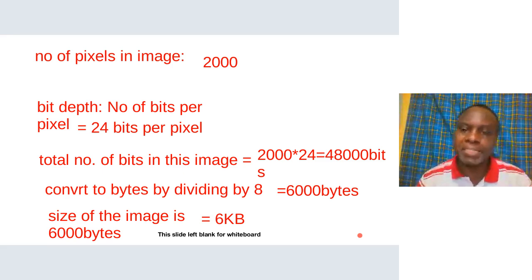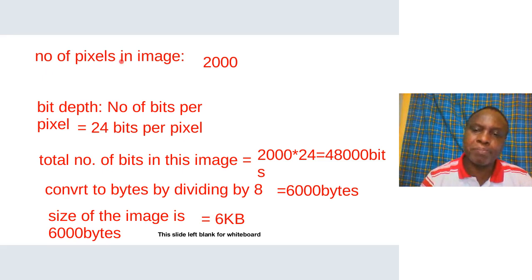Maybe we are given the bit depth, maybe we are given the size. Actually, next time we'll be looking at if you are given the size. Here, in other words, if you are given the dimensions, normally we talk in terms of rectangular blocks of pixels, because that's how the bitmap is made.